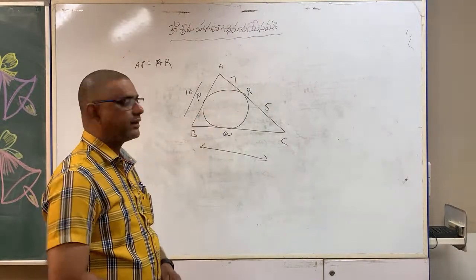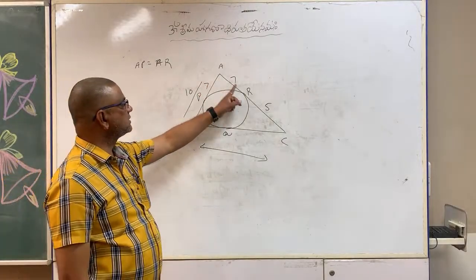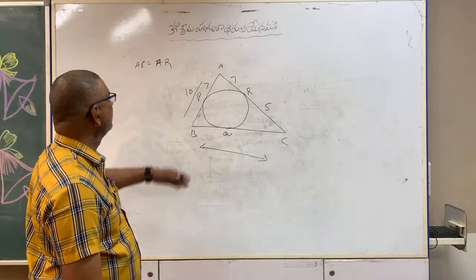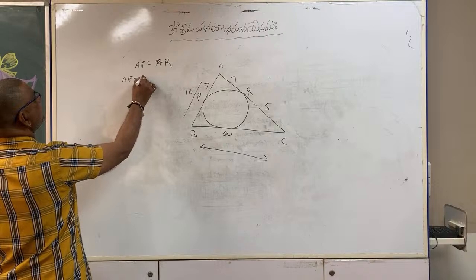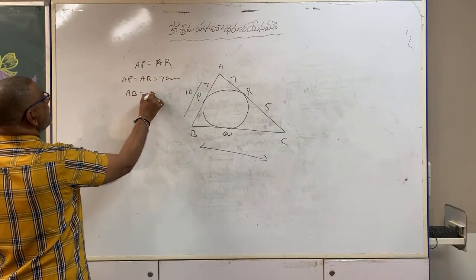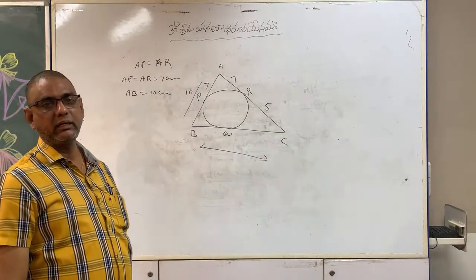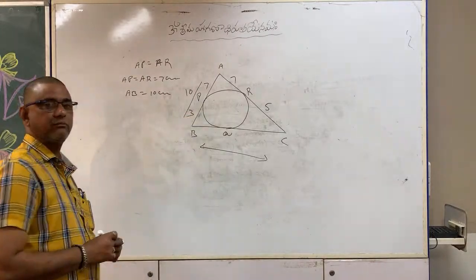Since AR is 7, AP is also 7. Given AB is 10 centimeters, AP is 7, so the remaining part will be 3 centimeters.